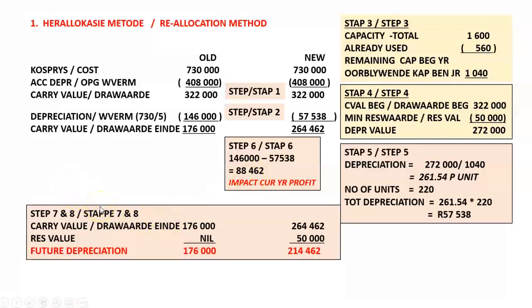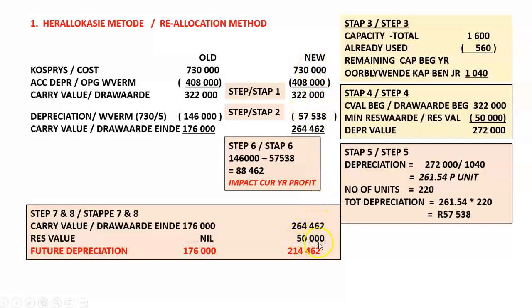Now we want to calculate the impact on future profits. And where do we start? We start with the carry value of the asset based on the old way, as at the end of the financial year, 264,462. We're going to determine how much depreciation we would have written off in the old way. Well, there was no estimated residual value, so we would have written off the full 176,000 rand based on the old way. How much depreciation are we going to write off in the new way?